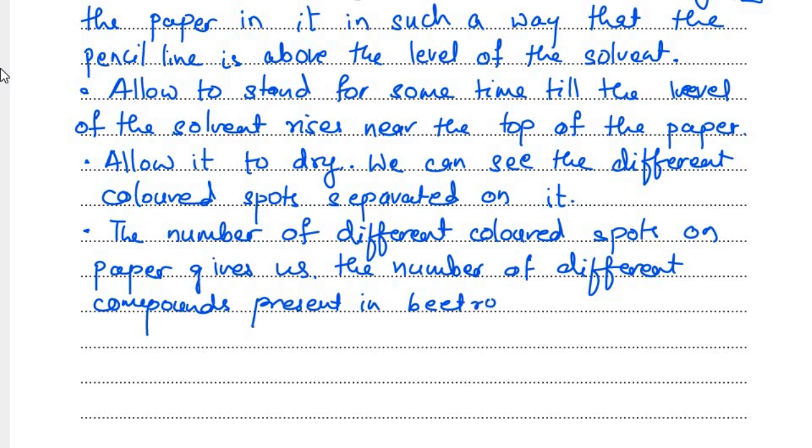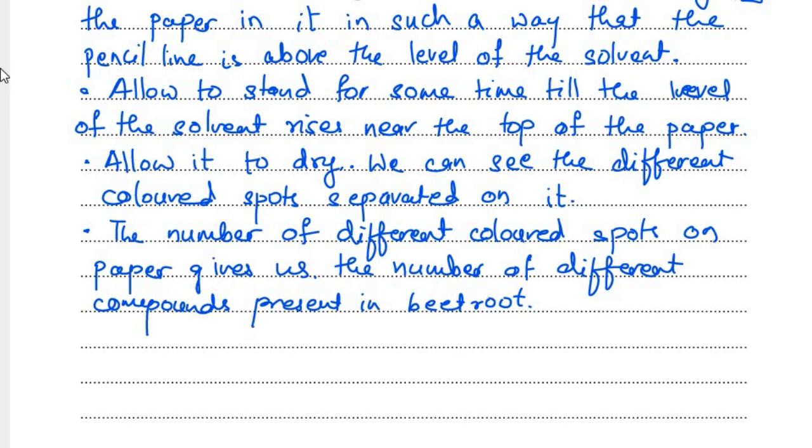So if, suppose, two different colored spots are seen in different places, that shows there are two compounds. If there are three spots seen of the colored compounds, then we can say there are three colored compounds present in the beetroot. So this is how we are going to conclude.